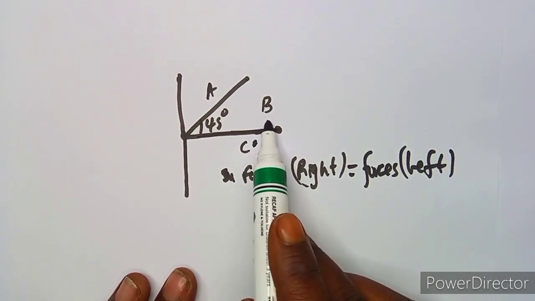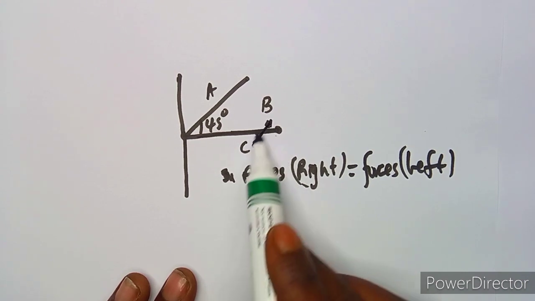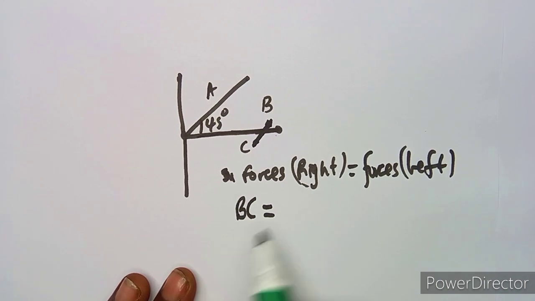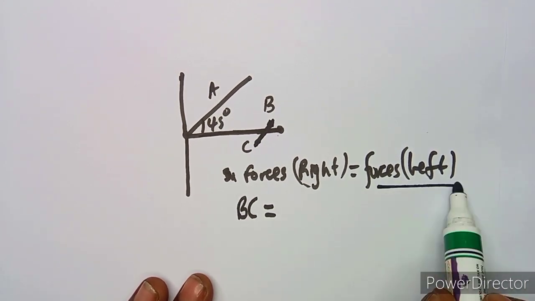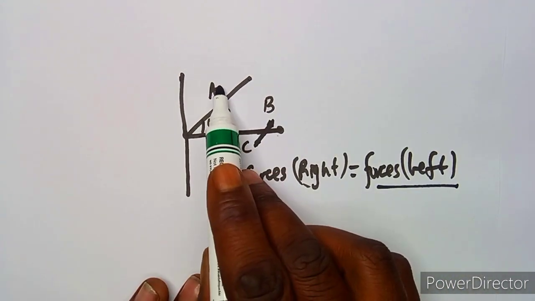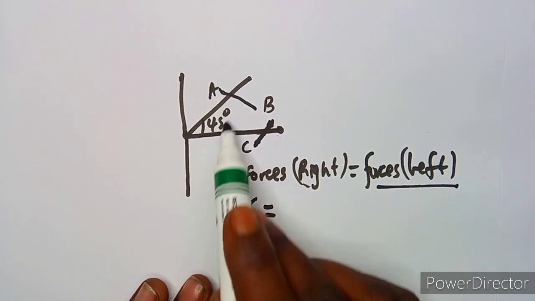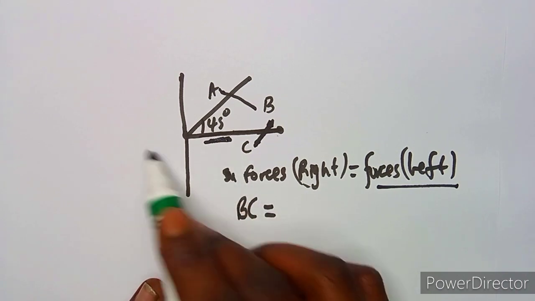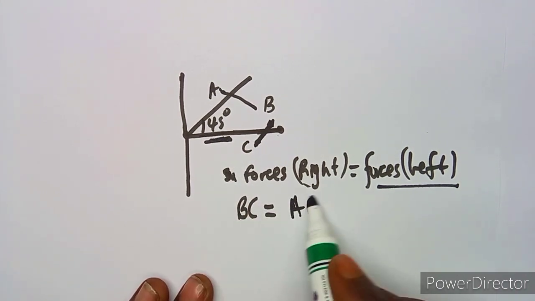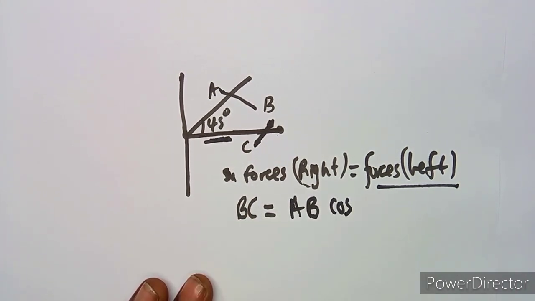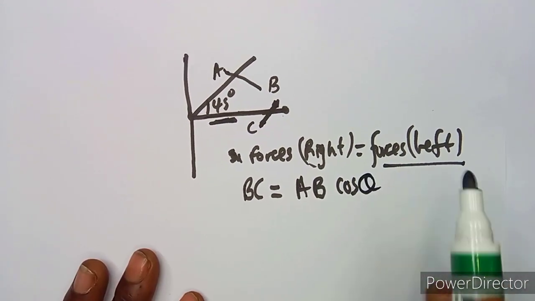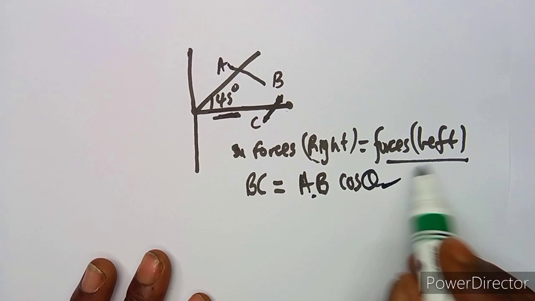This B and C. This is the one that is to the right, okay? So that's BC equal to the left is going to be this AB, but now it's cos 45 because it's supposed to be the other way. So it's AB cos theta, okay?